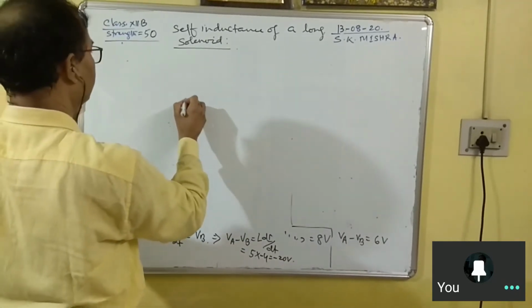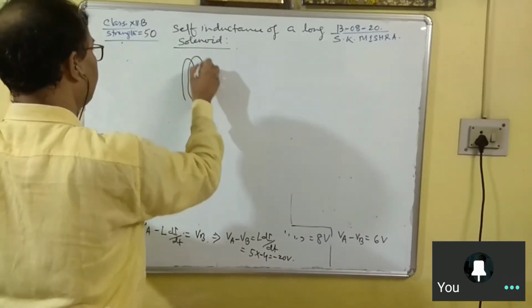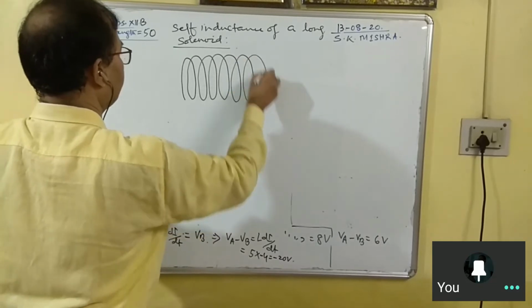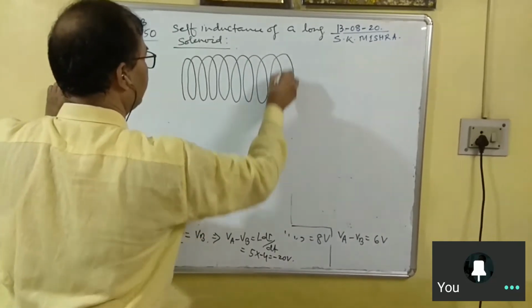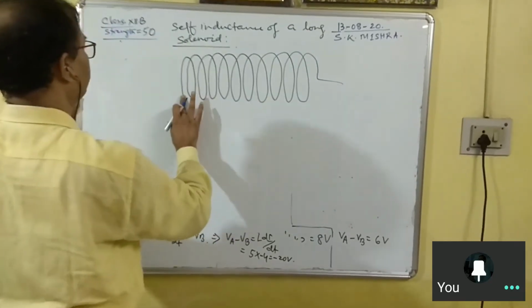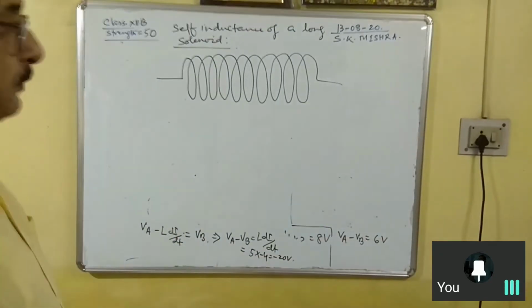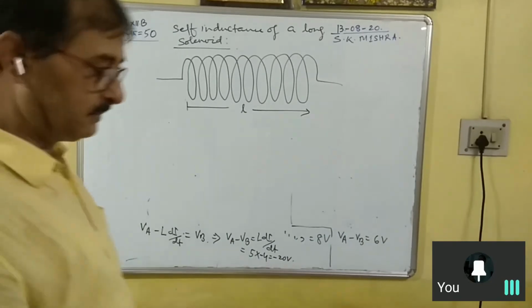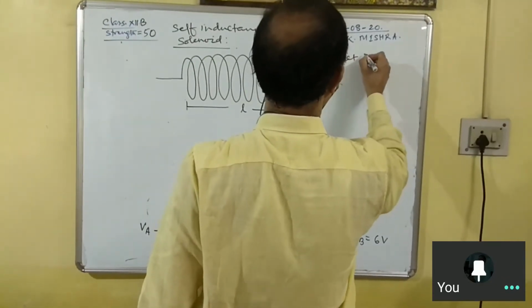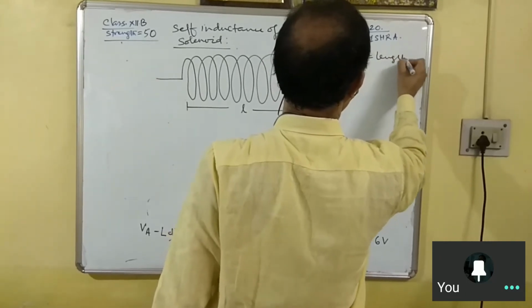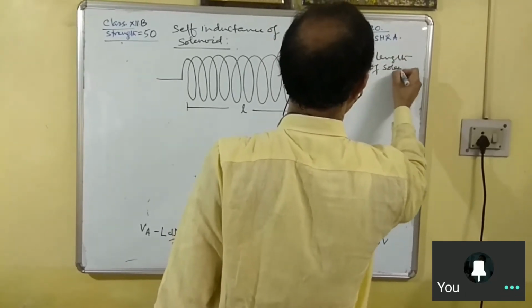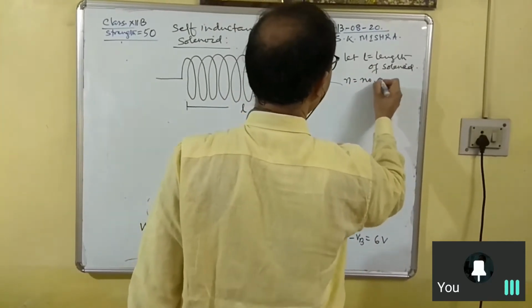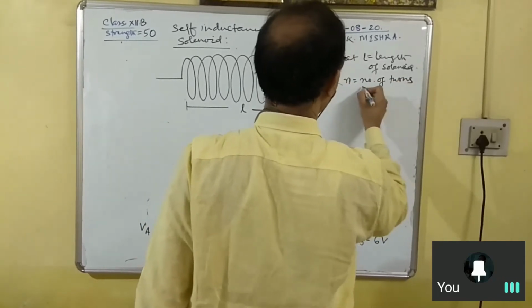Now, here is your solenoid, a solenoid of length L. Let L be the length of the solenoid, and small n be the number of turns per unit length.